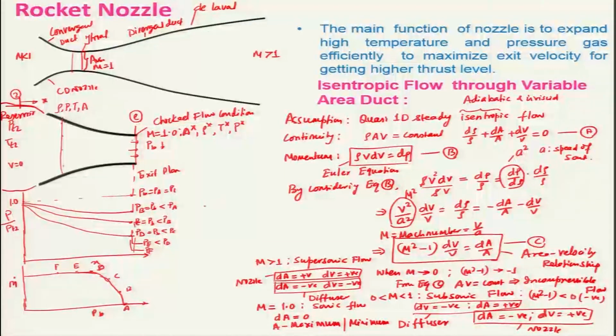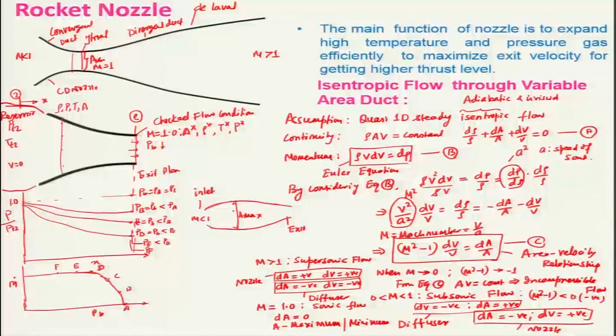However, if I consider the other variant where the area is maximum, and the flow is subsonic at the inlet, and this is your exit, then there is an increase in area, so dA is positive.